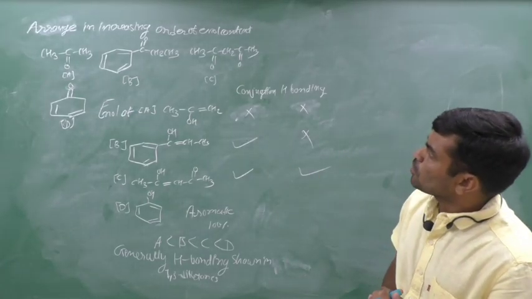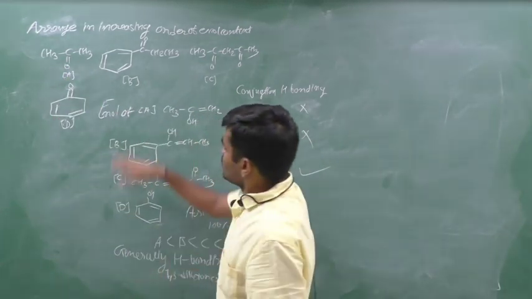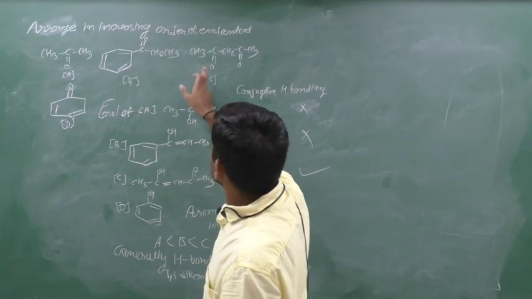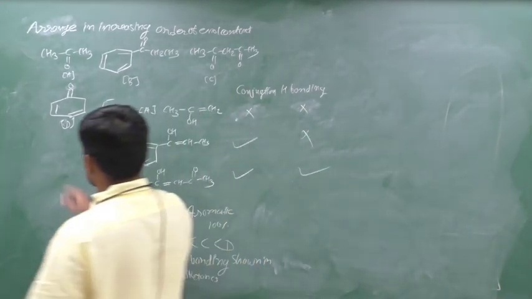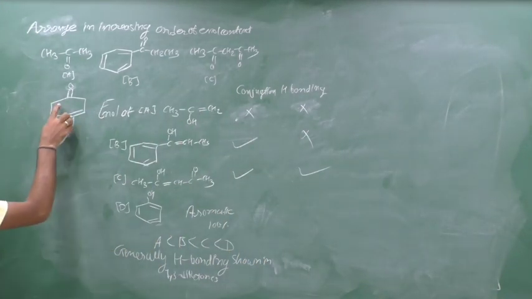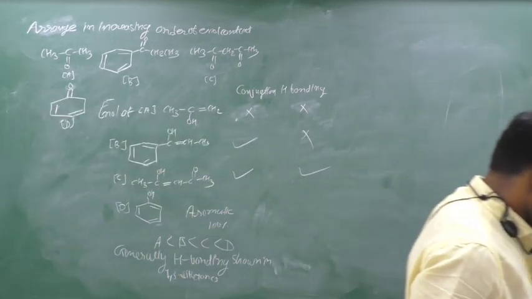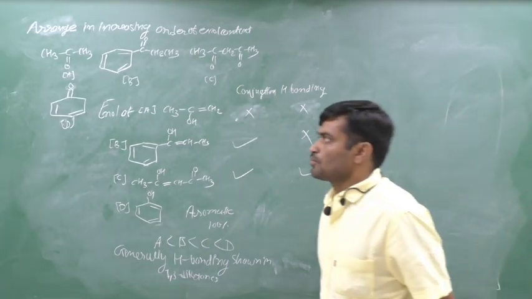Arrange in increasing order of enol content. A is CH3 C double bond O CH3, B is phenyl ring or benzene ring C double bond O CH2 CH3, C is CH3 C double bond O CH2 C double bond O CH3, and D is a 6-membered ring with a double bond and C double bond O. We can arrange in the increasing order of enol content. First we can draw the enol forms of these 4 compounds.